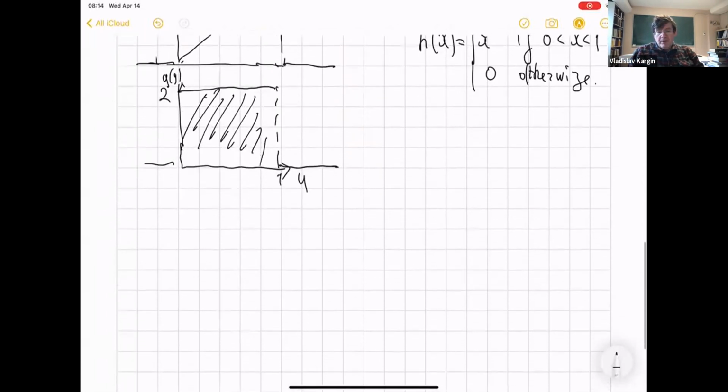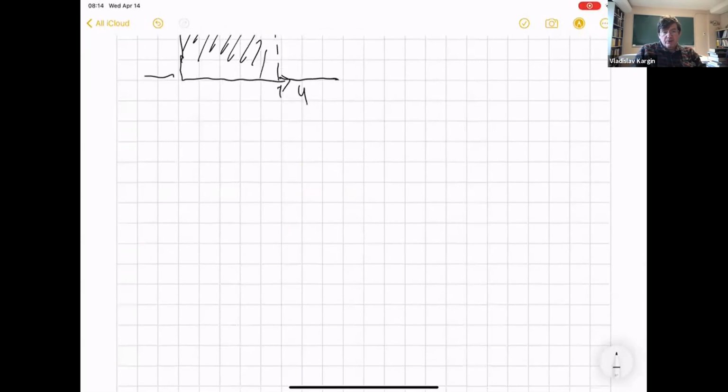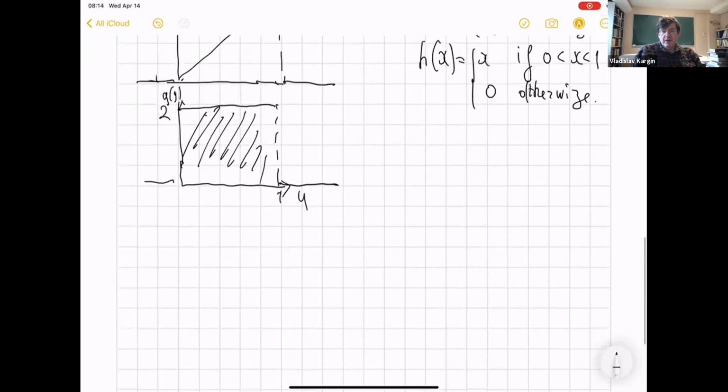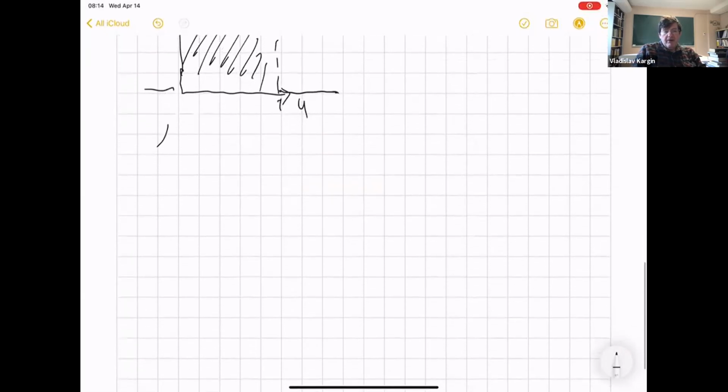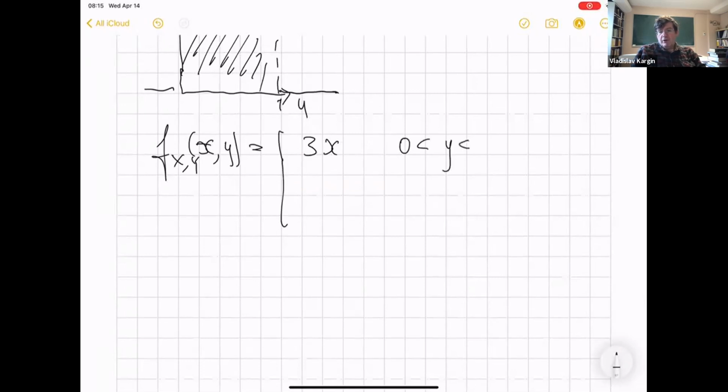So here's a warning. Let's look at another situation. Let's look at the case when you have f of x, y, like in the previous situation we looked at in a couple of the previous lectures. We looked at the situation 3x when 0 was smaller than y, smaller than x, smaller than 1, and 0 otherwise.